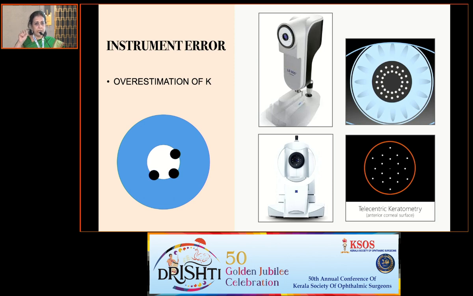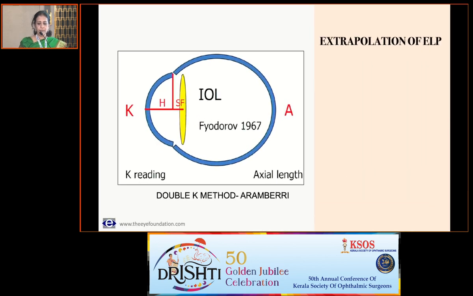In a myope, the paracentral cornea is actually a little steeper than the central cornea, which is very flat. So you end up overestimating the K and underestimating the IOL power, and you end up with a hyperopic surprise.